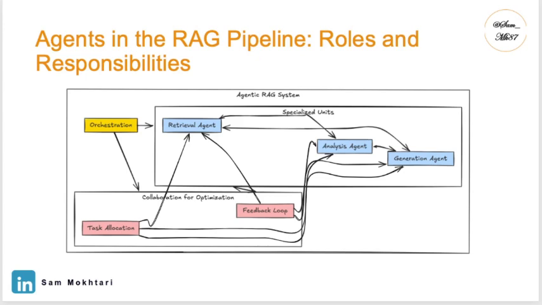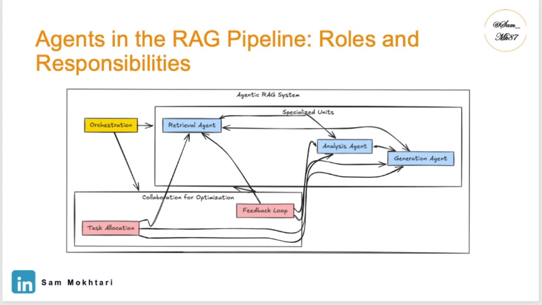Each agent is designed to handle a particular aspect of the RAG workflow. This modular approach enhances the flexibility of the whole RAG system. For example, you can add or replace an agent as needed without overhauling the entire system, which makes the whole system adaptable to various tasks and domains.